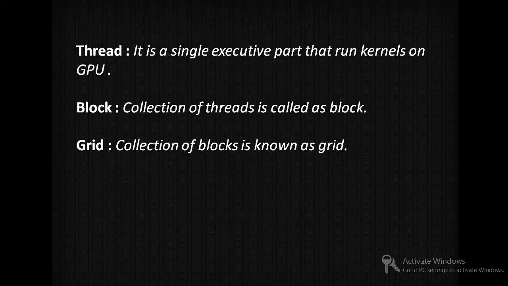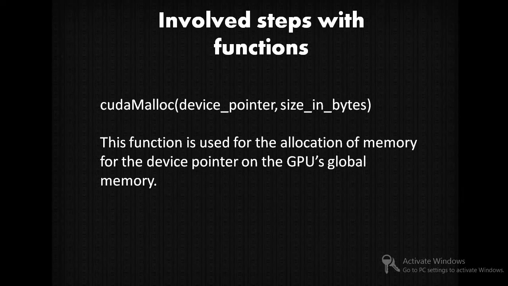Kernels cannot access system memory, so first we allocate the memory on the GPU using the cudaMalloc function. This function is used for the allocation of memory for the device pointer on the GPU's global memory. This function contains two parameters: one is the device pointer and the other is the size in bytes.